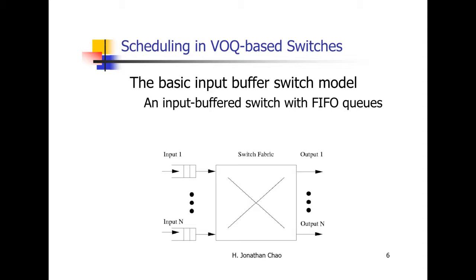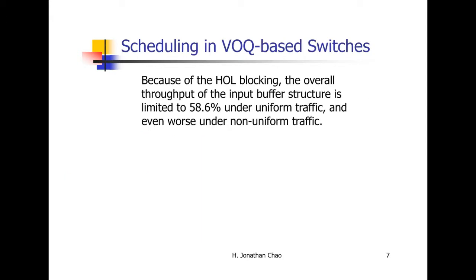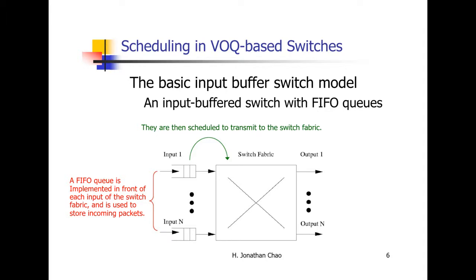This is the basic scheme where you have simple input FIFOs, and in this case the cells contending for the outputs are the head of the line cells, which are a maximum of n, since you have n inputs, and then you have to decide which one to transfer to the output port.